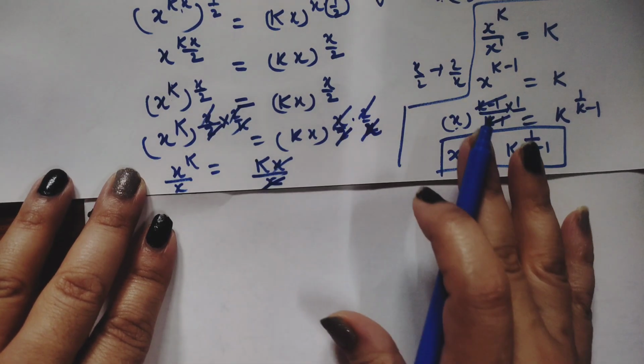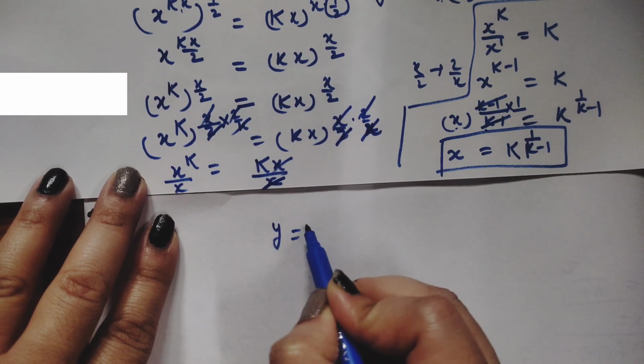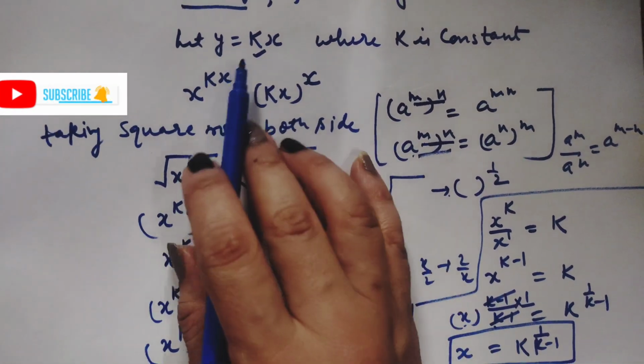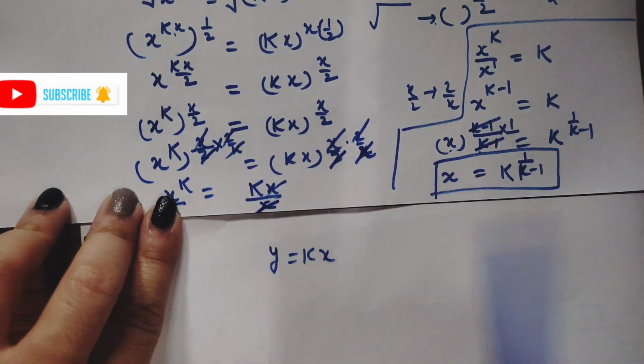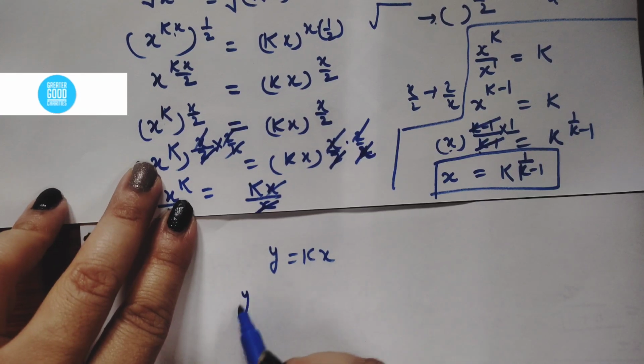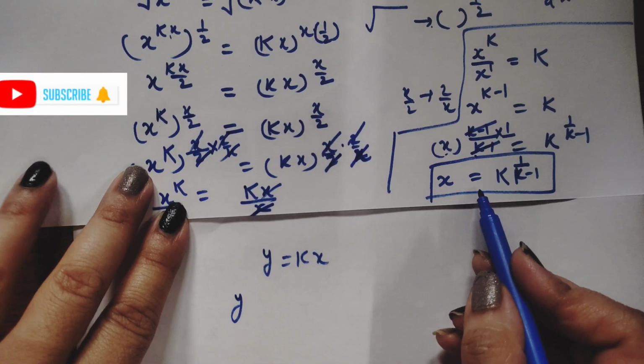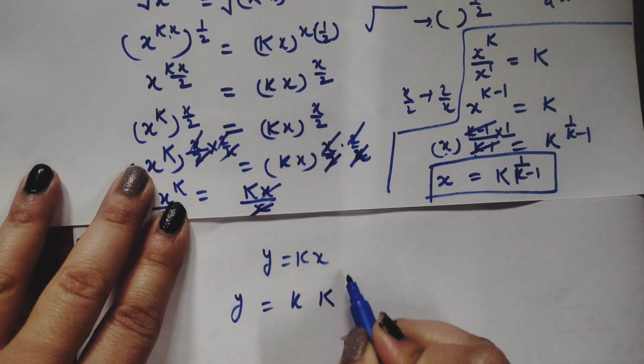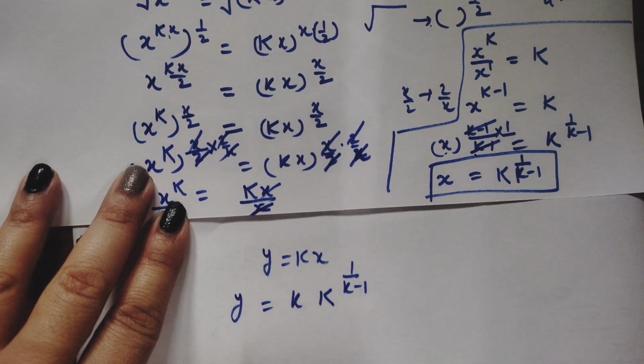Initially we assumed y equals kx, so we put in the value of x that we already got: y equals k times k^(1/(k minus 1)).